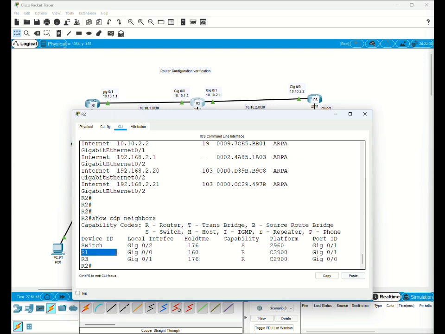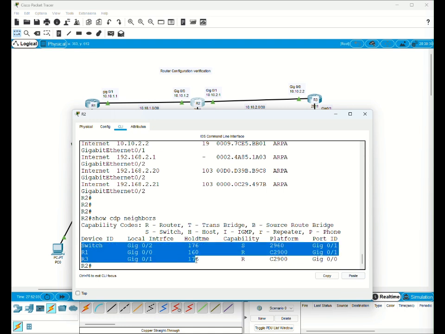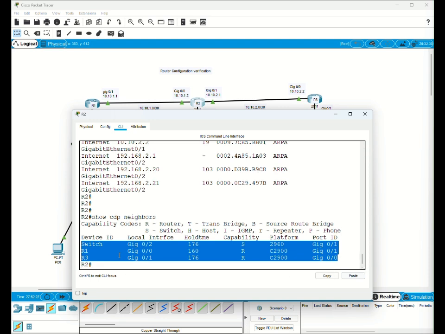You have router 1, router 3. Good information. So this router is connected to router 1 and also to router 3, and it's connected to a switch. That's what it's telling us here, and that's the truth. Okay, so that is good information.